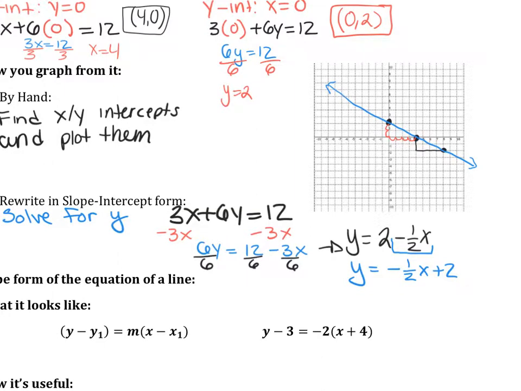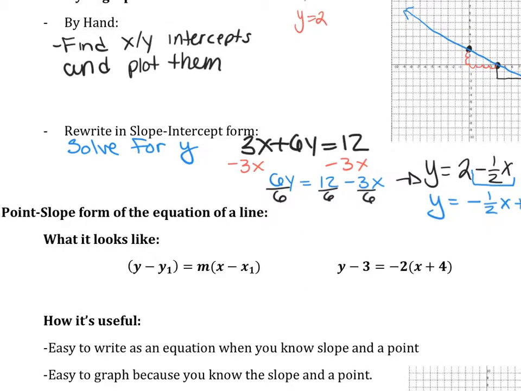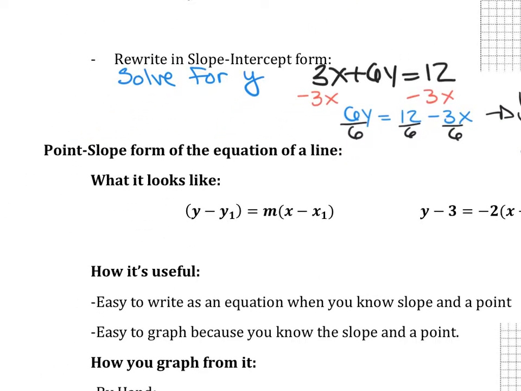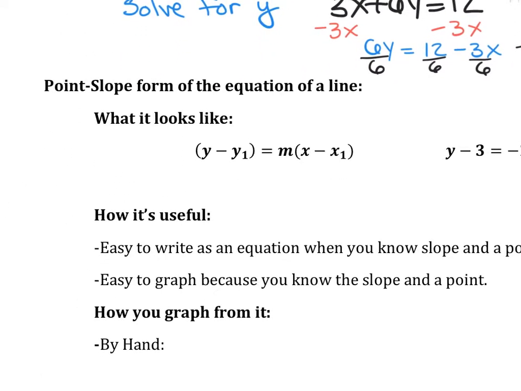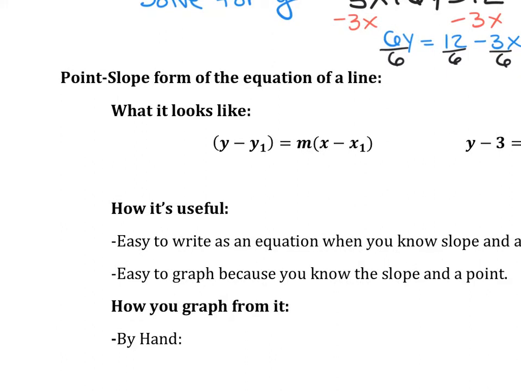So it's kind of up to you if you want to just use the two intercepts, or if you want to solve your equation into slope-intercept form. You have options. Okay, and the last form that we can write an equation in is called point-slope form.